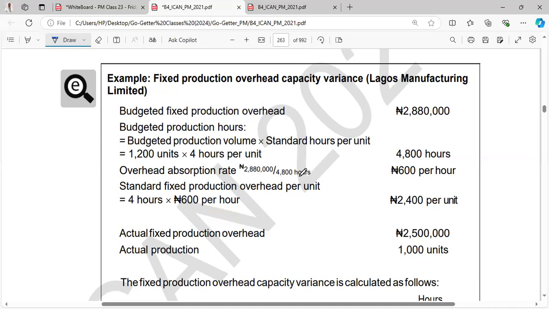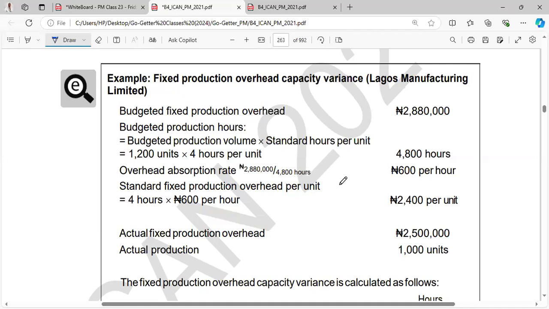It means that 15,000 divided by 100 is 150 naira per person. Now, if I am trying to work out the standard fixed cost I'm going to charge for 9 people in the class, all I will do is 150 multiplied by 9, and I'll get my standard cost. But budget is different. You get your budgeted overhead absorption rate.